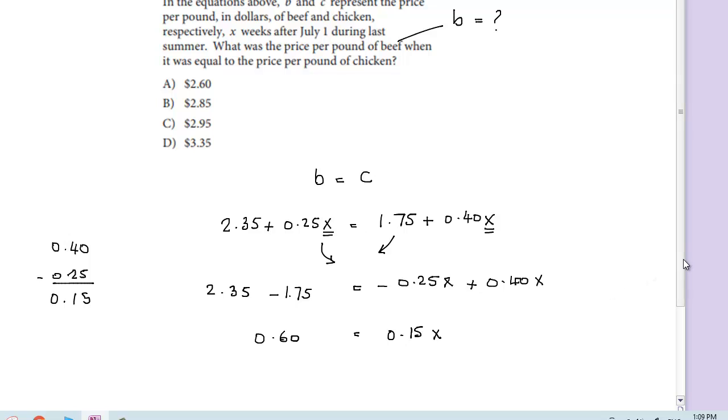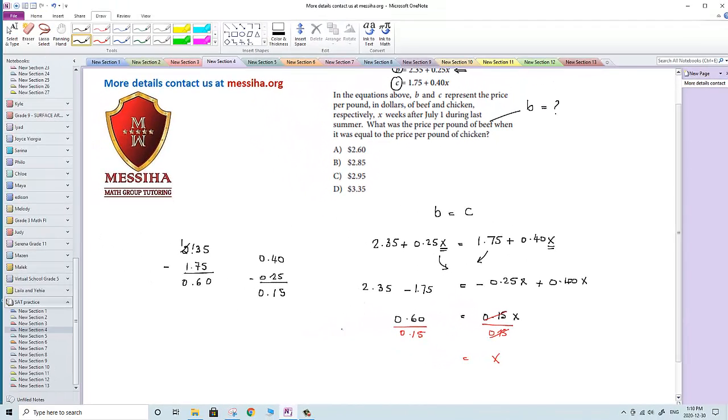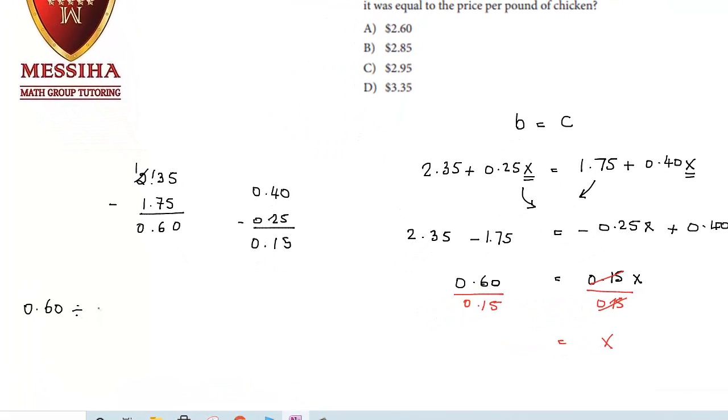Now to isolate x, as you know, I need to divide both sides by 0.15. So this will simplify with this, that means I will have x, and here now I need to divide 0.60 by 0.15. If I don't have a calculator and I have to do something with decimals like that, it's preferable to multiply both by 100 to avoid any decimal.